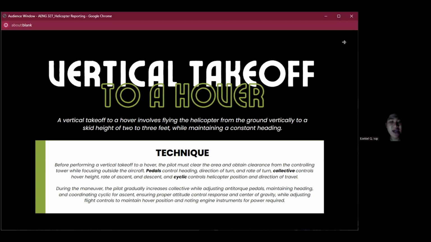And another thing, excessive movement of any flight controls also requires a change in other flight controls. For example, if the helicopter drifts to one side while hovering, the pilot naturally moves the cyclic in the opposite direction. However, this can easily lead to over-controlling the helicopter. And that is why piloting helicopters is associated with such a high level of proficiency.